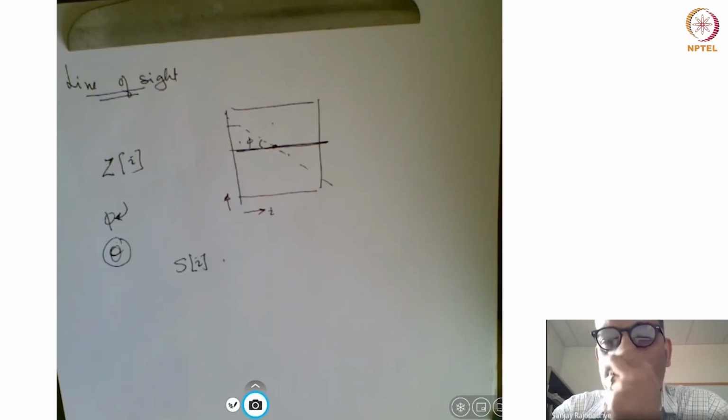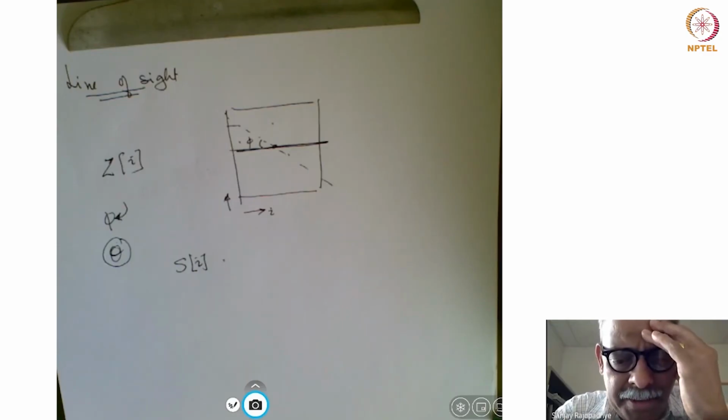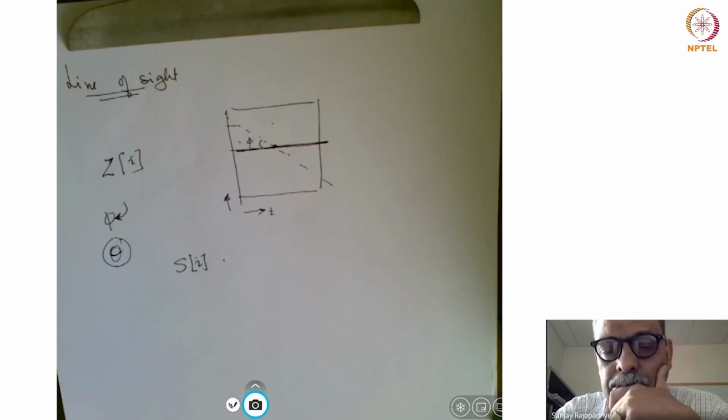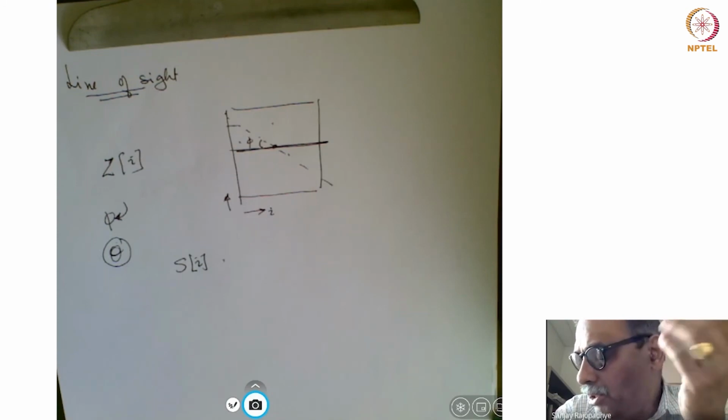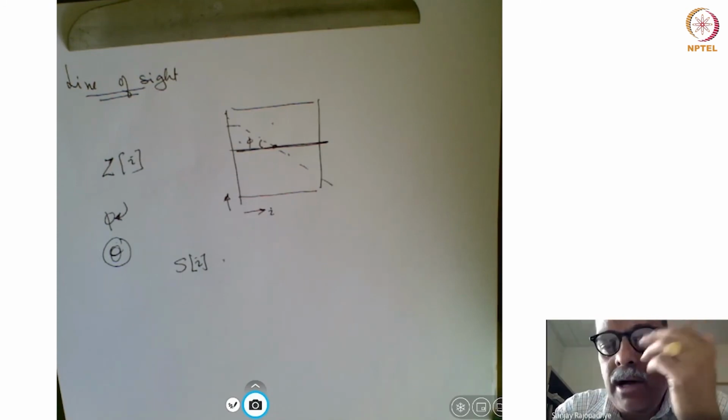Can you describe an algorithm or some condition that must be satisfied, what are the conditions that must be satisfied that I is in shadow?